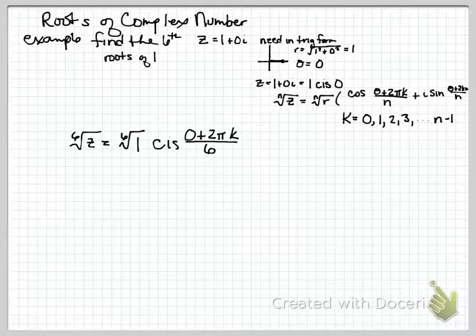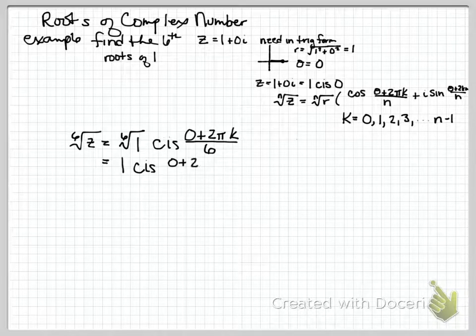The only thing that's going to change in this fraction is our k value, which we just increase by 1. So the sixth root of 1 is just 1, times cis of (0 plus 2 pi k) over 6.